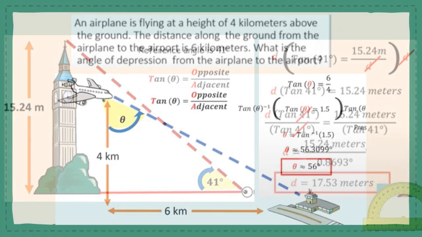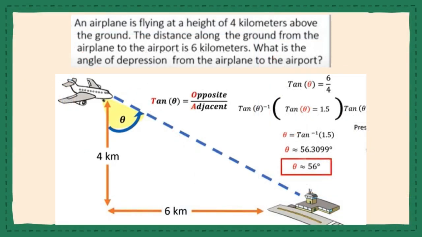Now let's proceed to problem number 2. In problem number 2, we have our height, which is 4 kilometers above the ground, and the distance along the ground, which is 6 kilometers. Our angle is now the unknown. To find the unknown angle, we will use the tangent. Tangent theta is equal to opposite over adjacent.